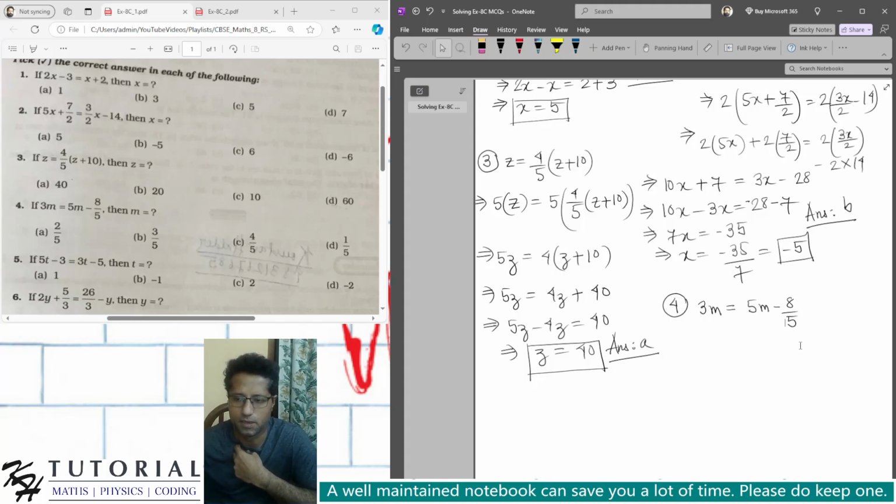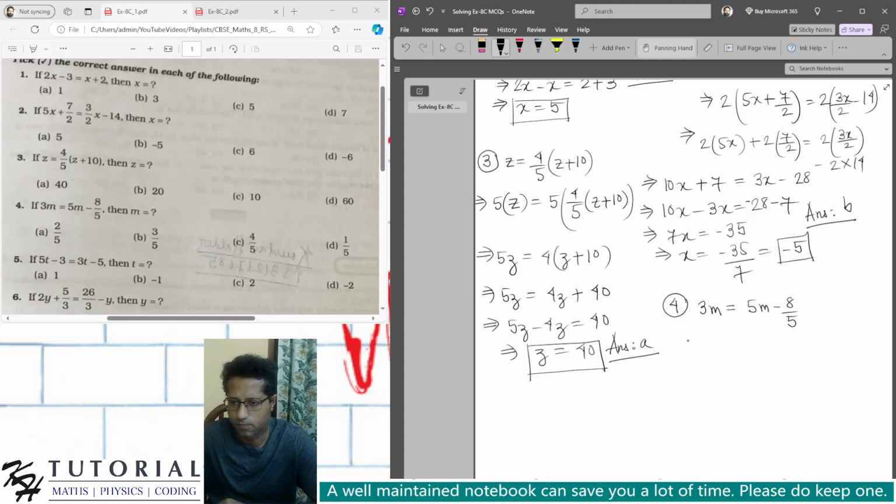But if in the equation the rational terms are all constants, there is no rational term involving the variable, then you need not multiply both the sides with the LCM of the denominators of all the rational terms which are constant. You simply just bring all the variable terms to the left hand side and all the constant terms to the right hand side, and proceed with the solving.